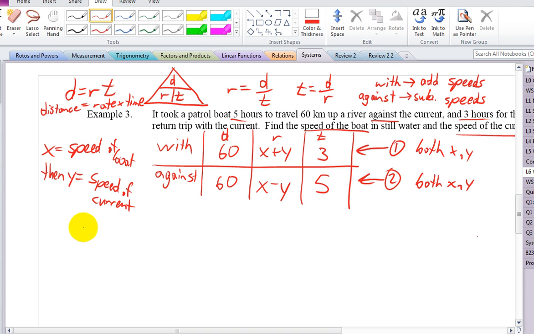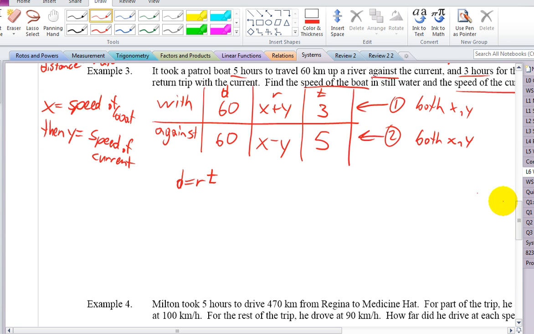So first of all, we can do distance equals rate times time. For that equation, we would say 60 equals (X plus Y) times 3. And for the second one, 60 equals (X minus Y) times 5. Okay.